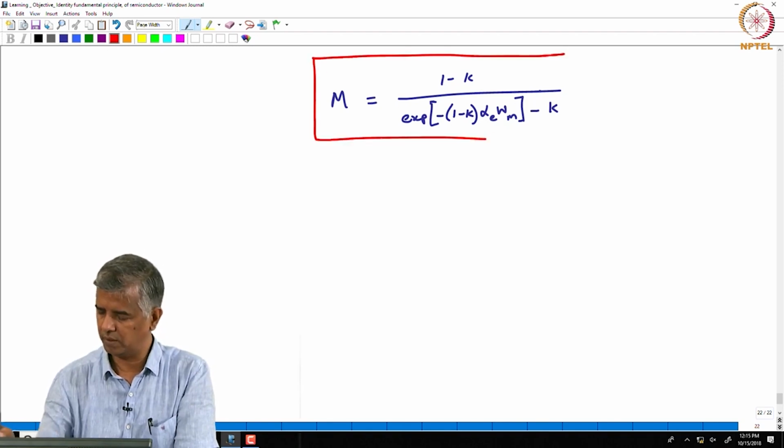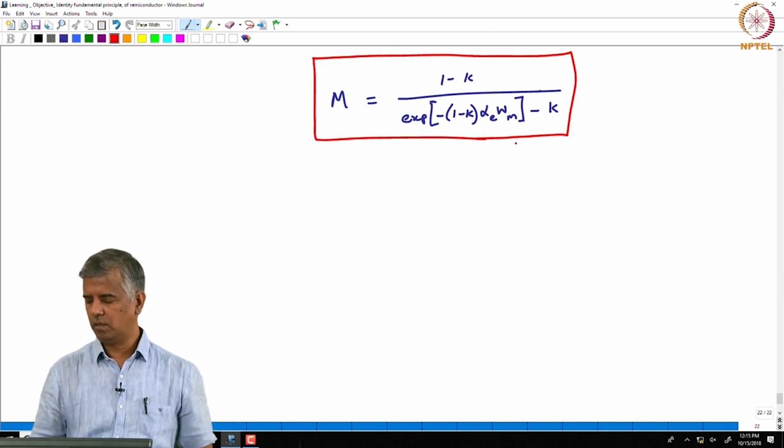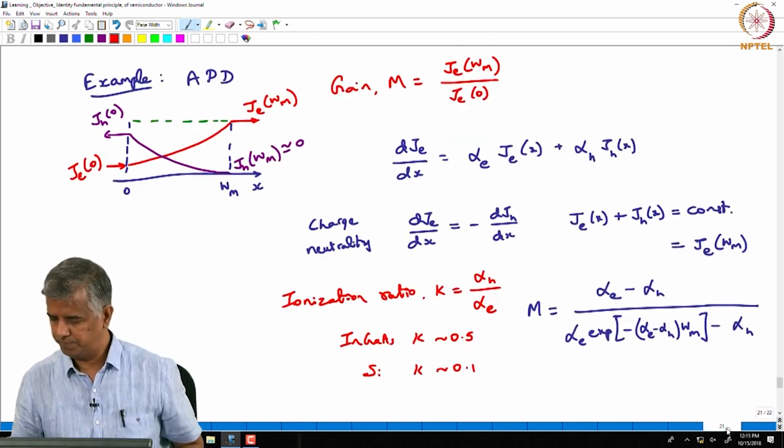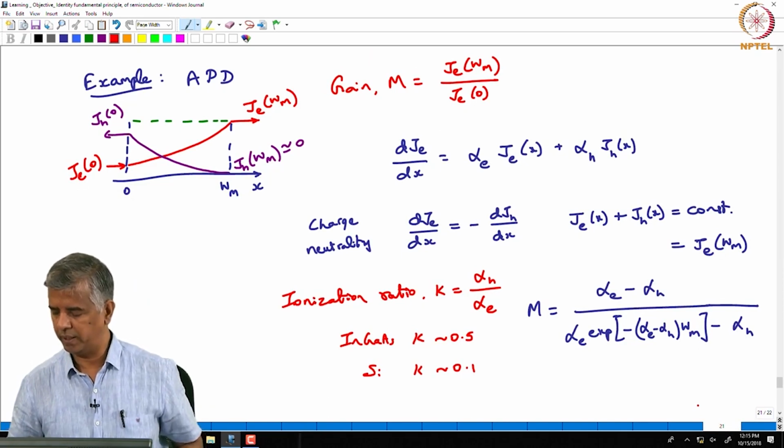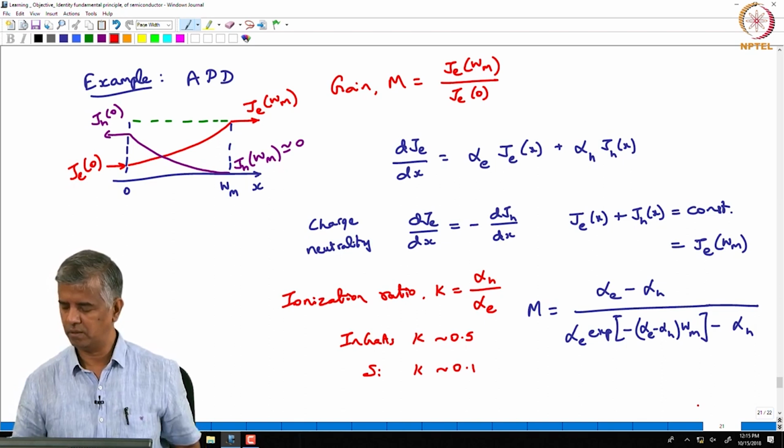All I have done is I have divided both the numerator and denominator by alpha e. So, you get 1 minus k over here, and you get factor of 1 here, and within this also you have 1 minus k, and alpha e goes out, and then the last factor is k.